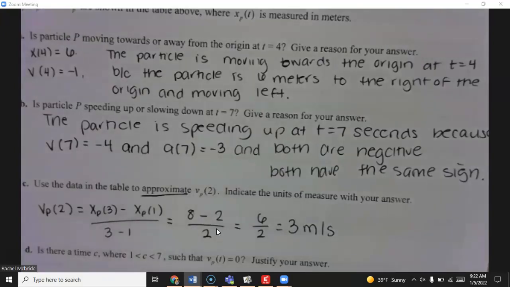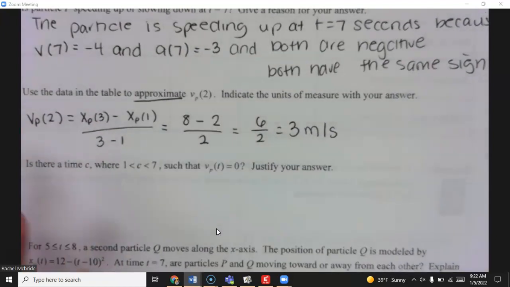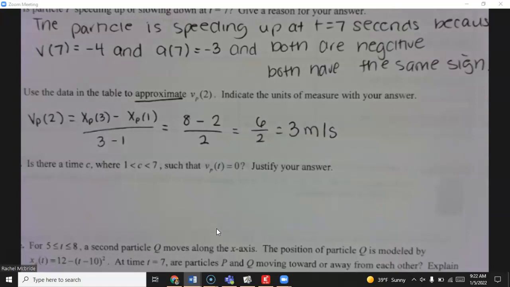Is there a time c on the interval 1 to 7 where the velocity is equal to 0? So that means that we need velocity to do what? Cross the x-axis. Yeah, and how could you show that velocity crosses the x-axis? 3 and 4.